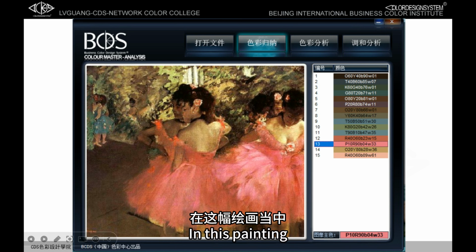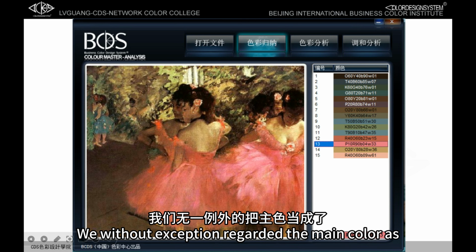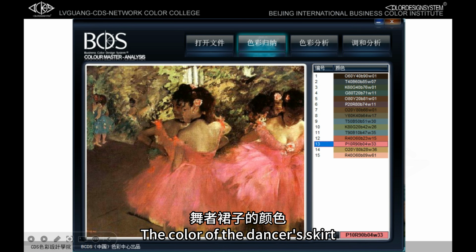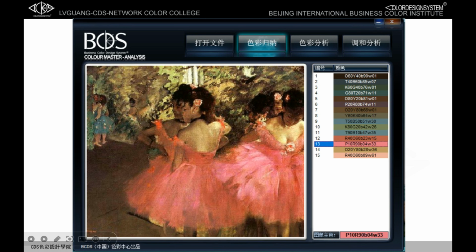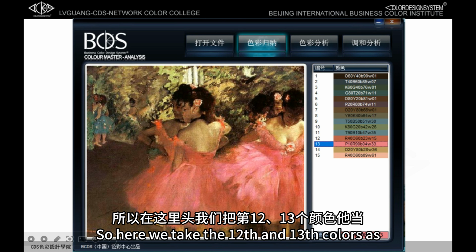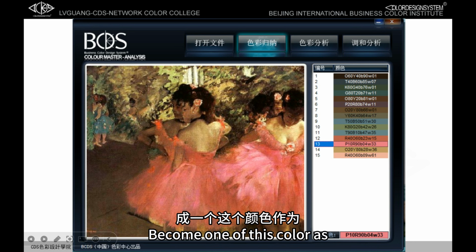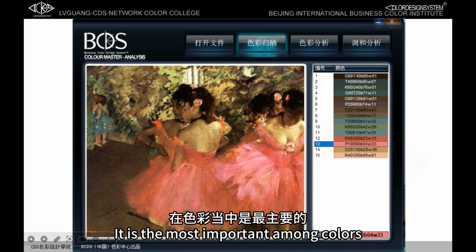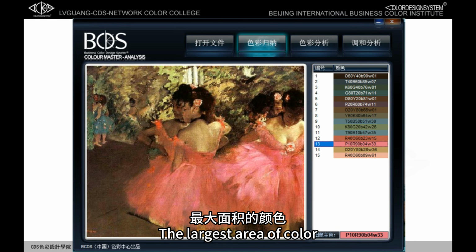In this painting, we without exception regarded the main color as the color of the dancer's skirt. All these dancers, their clothes are all this red color. So here we take the 12th and 13th colors as the most important among colors, the largest area of color.